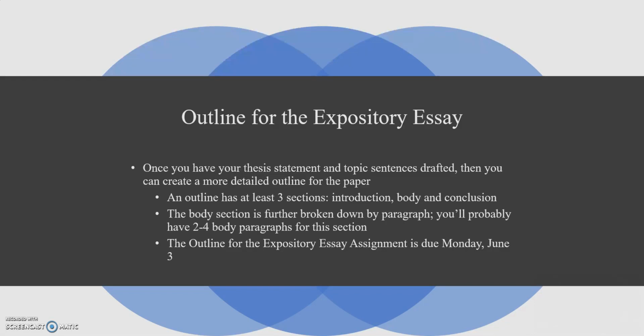So just basically, an outline has at least 3 sections: your introduction, your body, and your conclusion. The body section is further broken down by paragraph. You'll probably have 2 to 4 body paragraphs for this section. And it kind of depends on how much you have to say about your topic and how many different points you are bringing up. The outline for the expository essay assignment is due Monday, at the end of Monday, June 3rd.